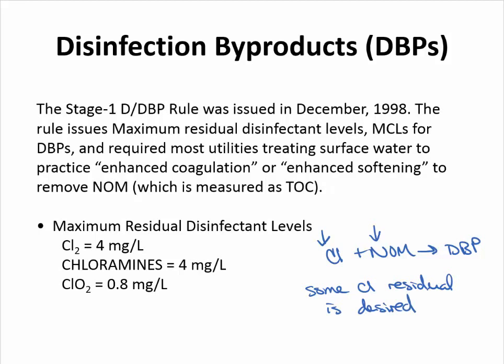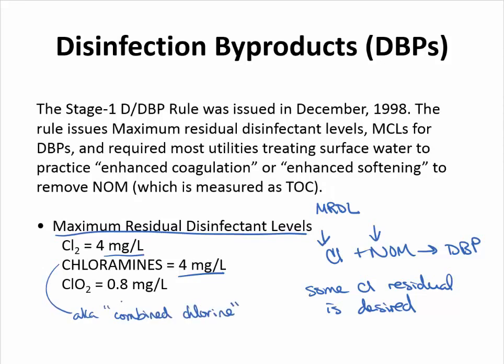So in order to combat the formation of disinfection byproducts, the EPA promulgated a maximum residual disinfection level, MRDLs. A utility cannot put out more than 4 milligrams per liter of free chlorine or 4 milligrams per liter of chloramines, which is also called combined chlorine. We'll review this terminology again in the water treatment unit.